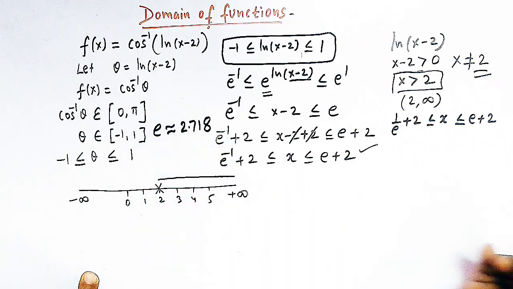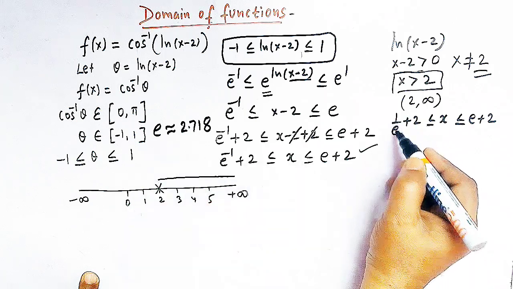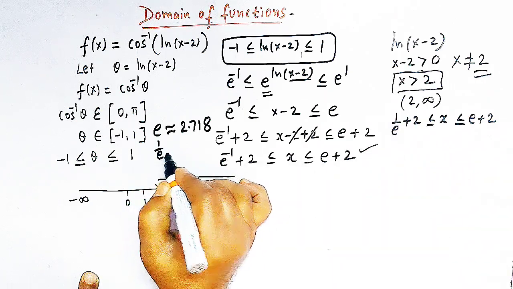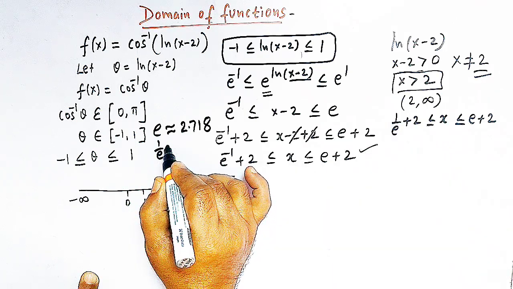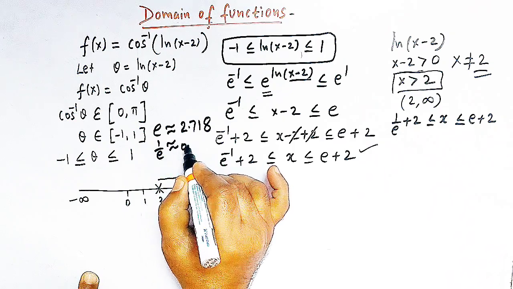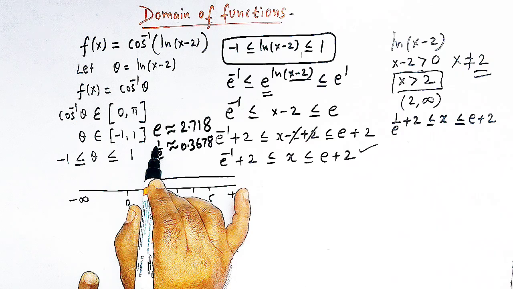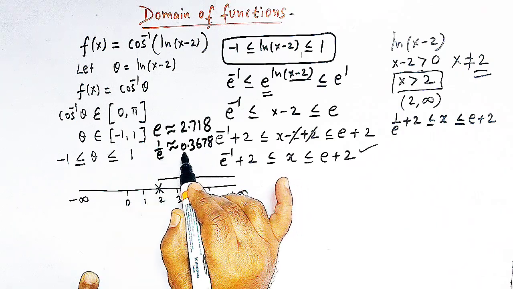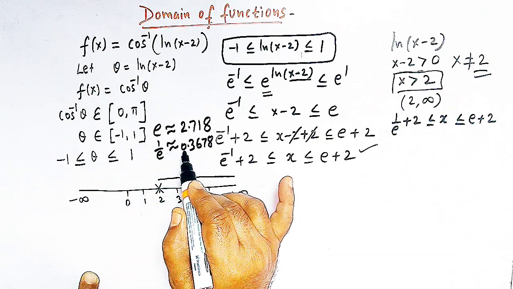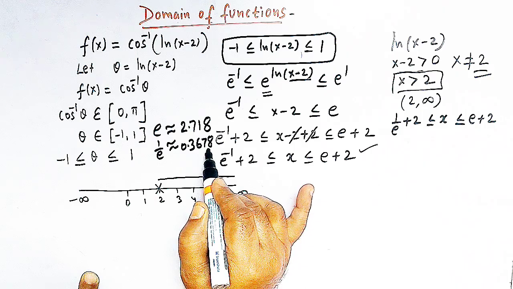Now we know that the approximate value of e is equal to 2.718, right? And the value of 1 over e can be written approximately as 0.3678. So we can divide 1 by e, and we get the approximate value 0.3678.